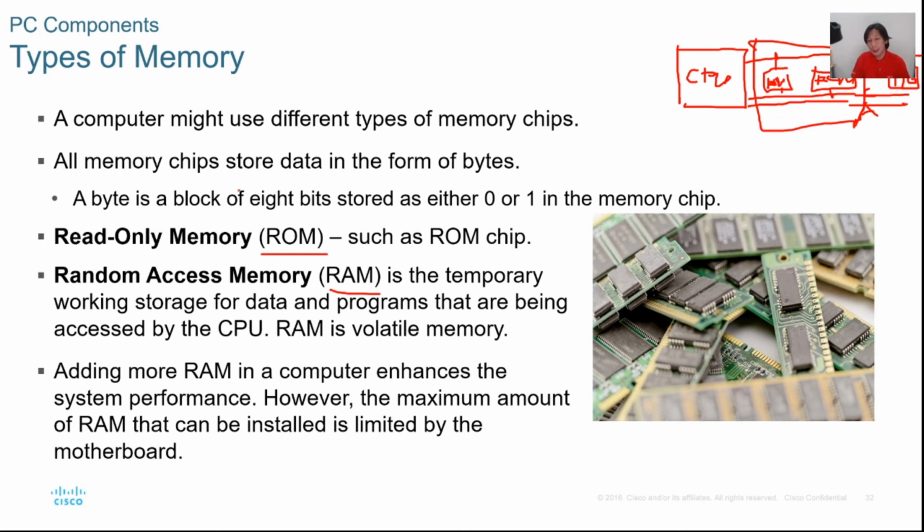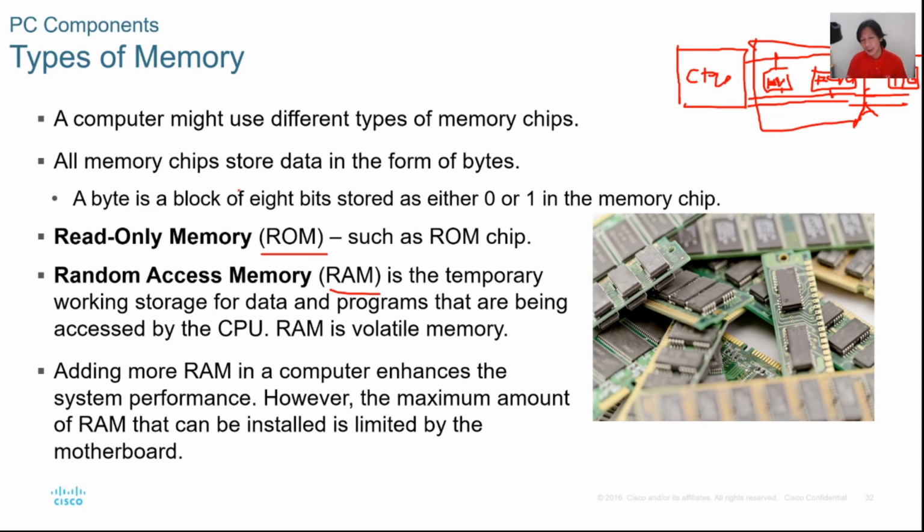One type of memory is read-only memory or ROM. I know that you already know the basic comparison of this. When we say read-only, the data is already stored in that particular chip and you can no longer add additional information to that memory chip.